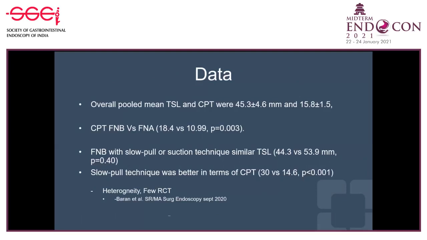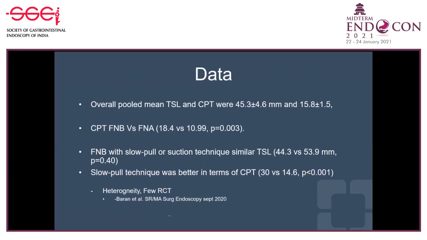However, for the biopsy, complete portal tracts were a little bit higher compared to the fine needle aspirations. With biopsy, they were able to achieve 18 complete portal tracts versus 10 with FNA.